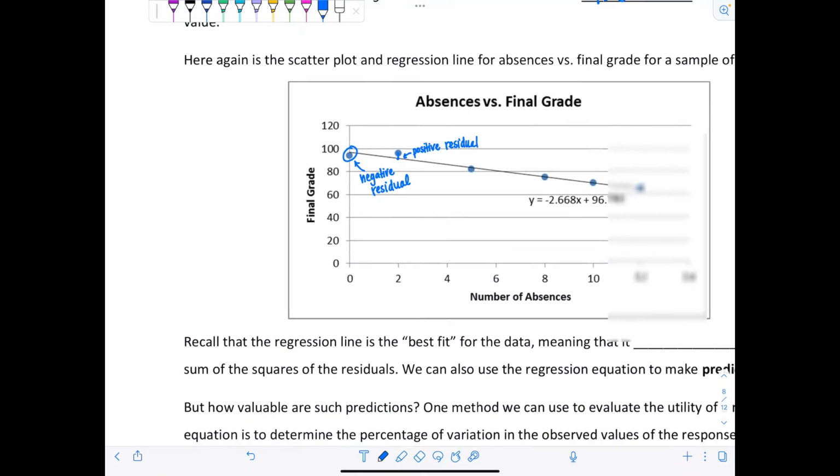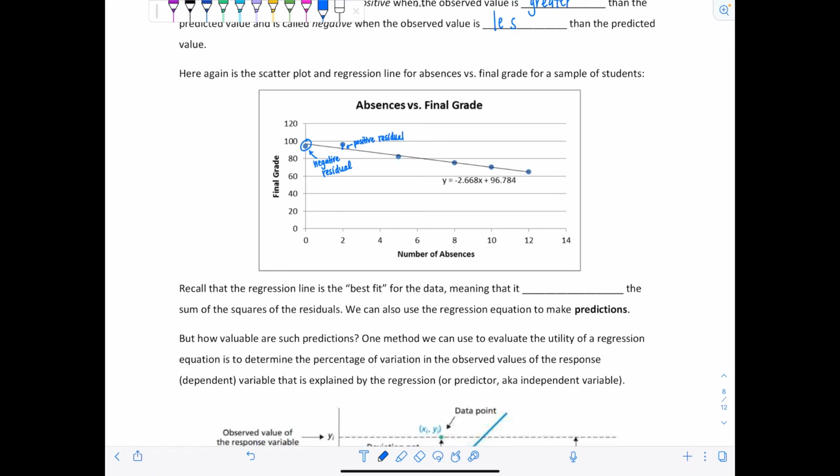Now recall that the regression line is the best fit for the data, meaning that it minimizes the sum of the squares of the residuals. And we can also use the regression equation to make predictions. So I could say, if a student missed 7 classes, what would their grade be?